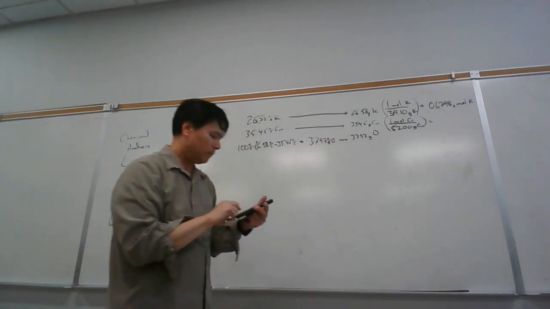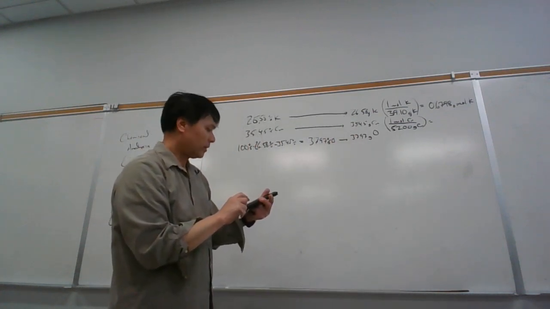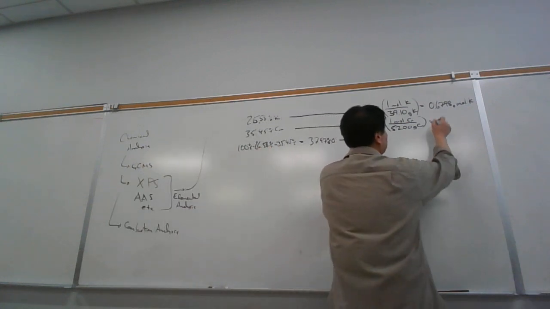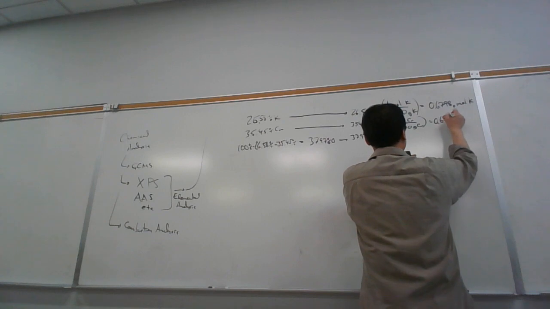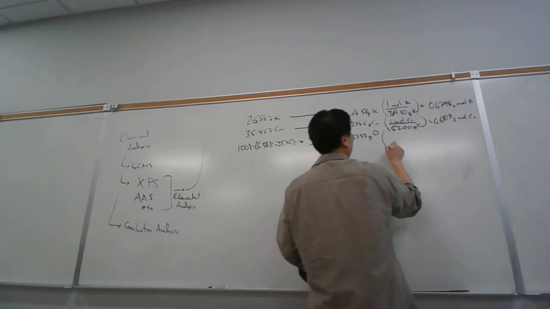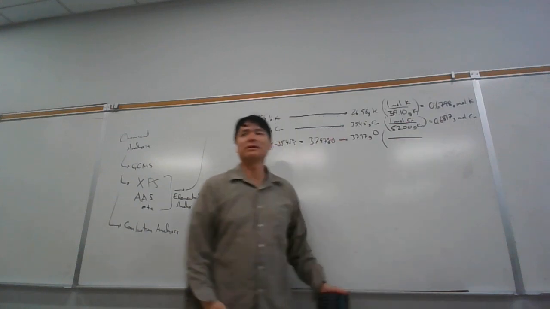And so 35.45 divided by 52 is going to give me 0.68173 moles of chromium. And then oxygen I don't have to look up because I have it memorized.